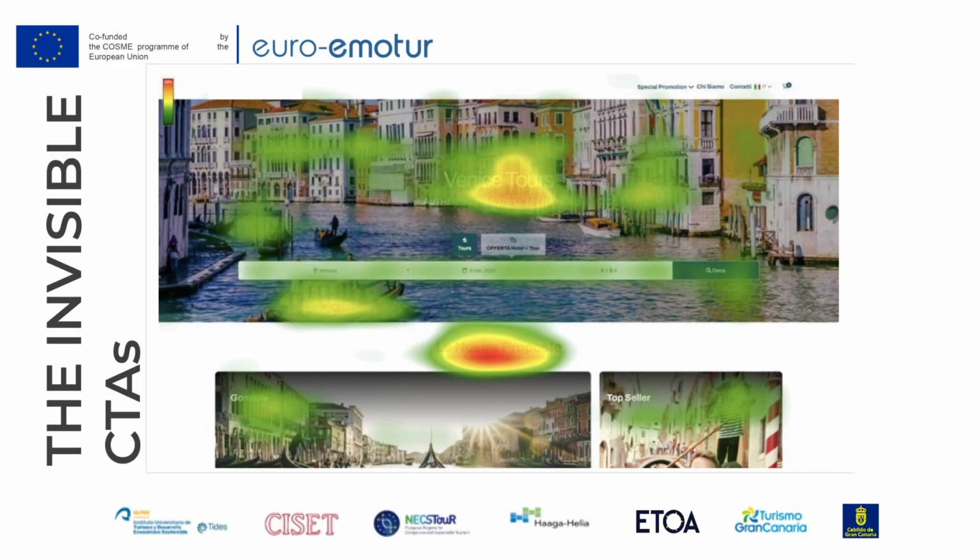Another problem, another issue we found on many websites, is the problem of the invisible, not visible call to action. This derives from the fact that when we design websites, of course we tend to harmonize the colors, which is quite correct.